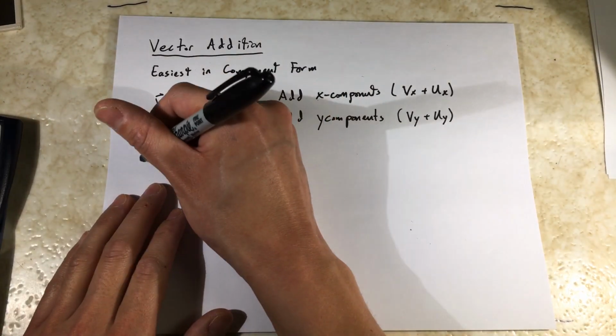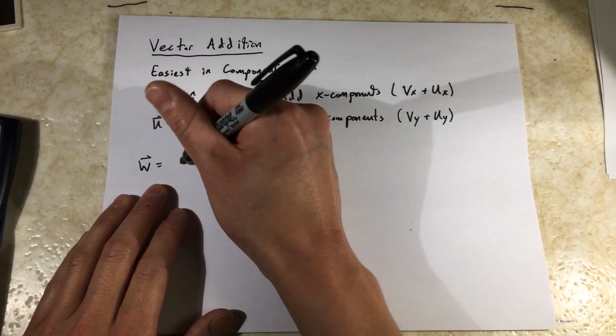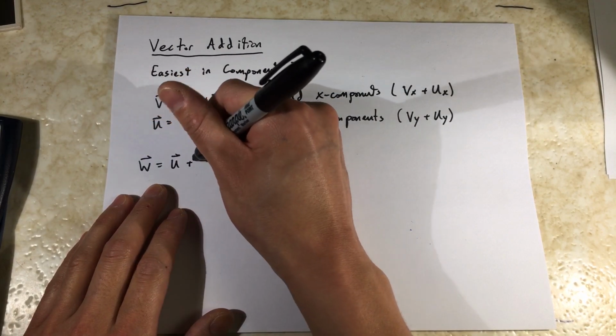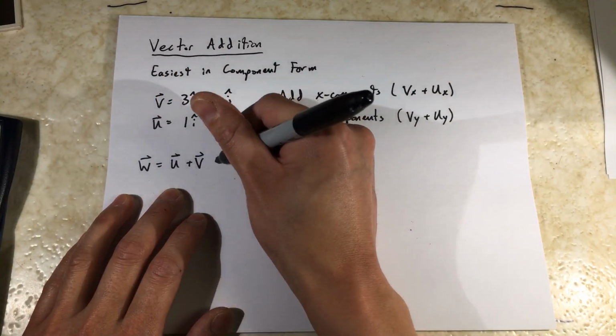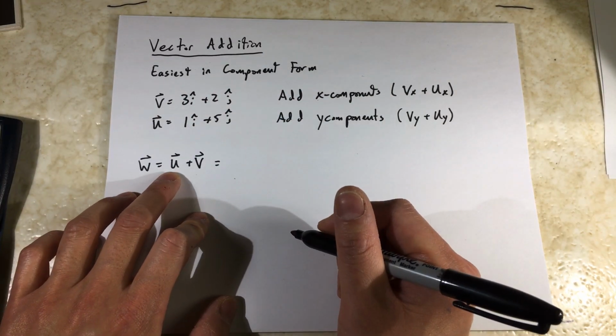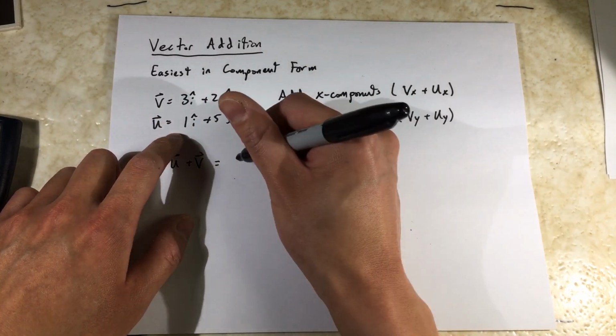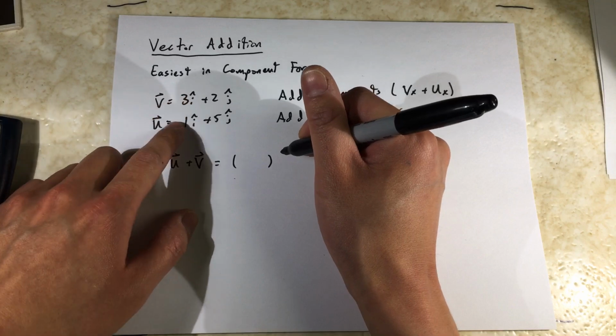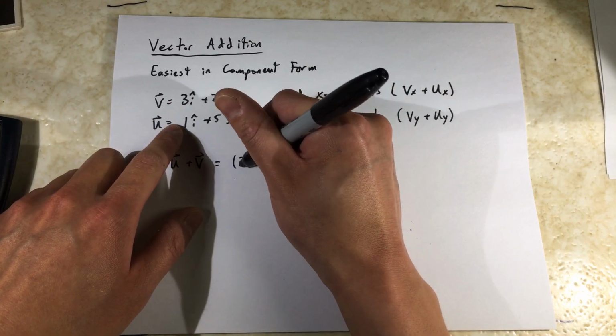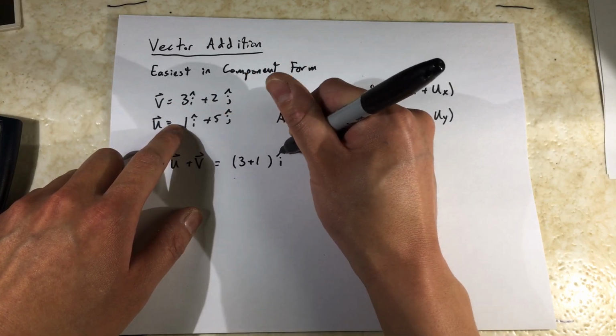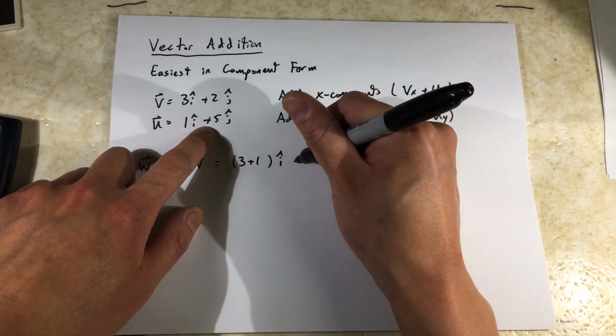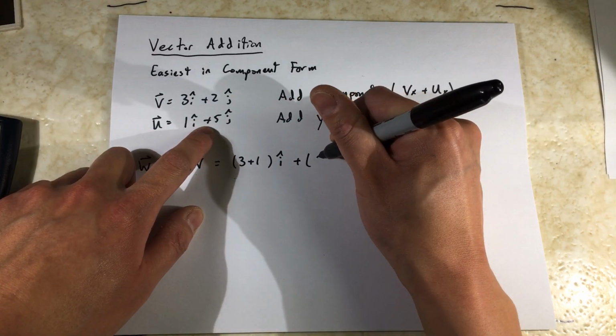So let's say that we have some vector w, which is equal to the sum of these two vectors, u and v. Then for the i hat components, you would add the 3 and the 1. And then for the j hat components, you would add the 2 and the 5.